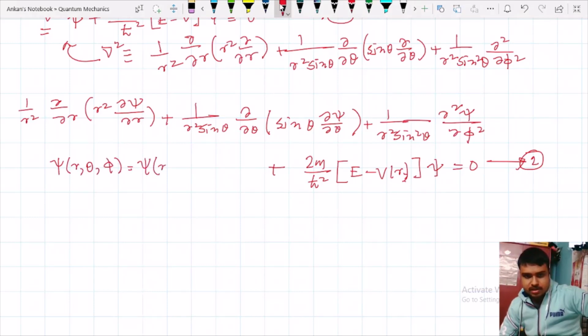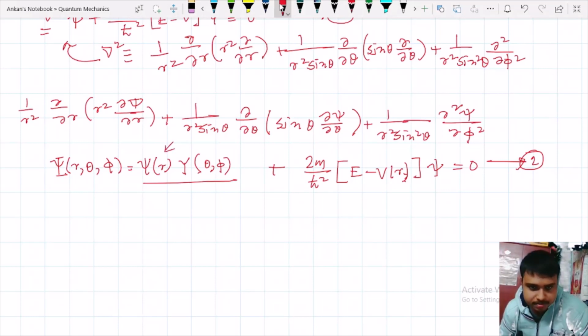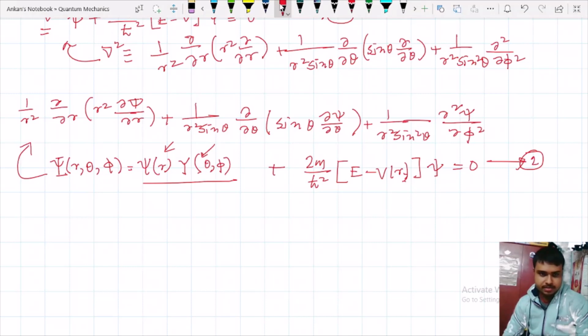This psi may be treated as capital psi. All the psi's are capital psi here, and in this line we can treat it as small psi(r) and a function Y(theta, phi). So this was the radial part and this is the azimuthal part. If we put this here, then by the variable separation method we obtain 1 by r square d/dr.